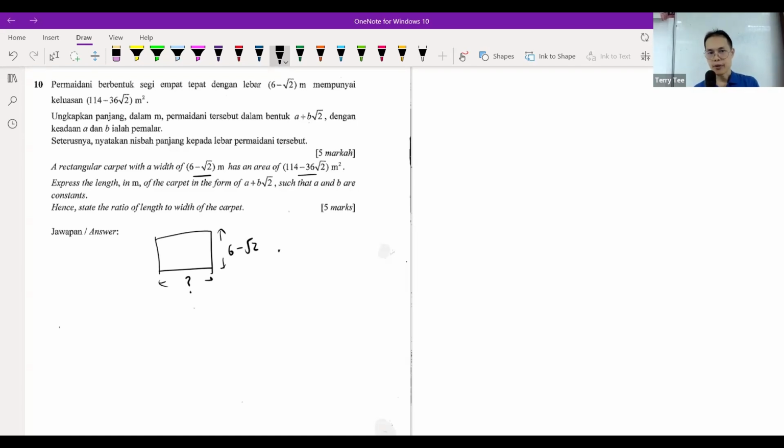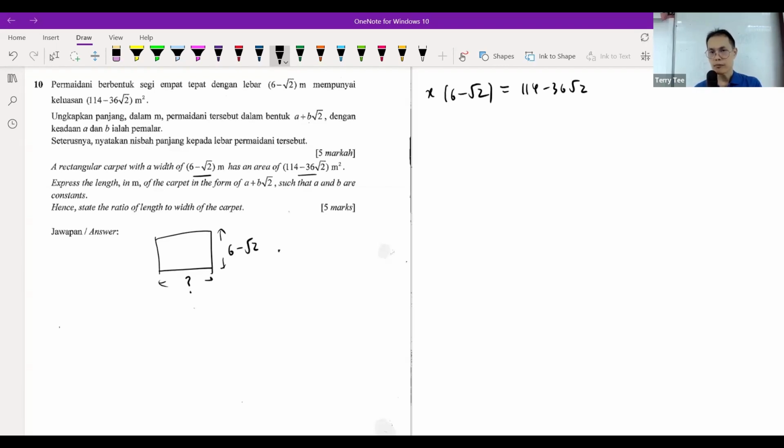So we know length times breadth gives us the area, right? So maybe the length, we call it x. You multiply with 6 minus √2, you get the area 114 minus 36√2. Now, I look at this because you're supposed to find the ratio of the length to the width of the carpet.